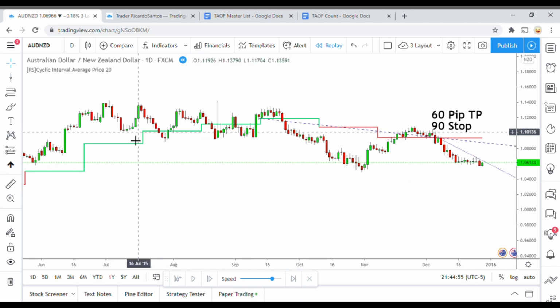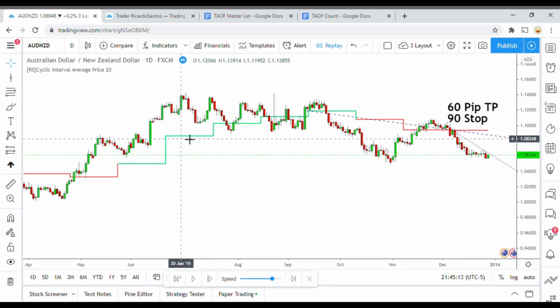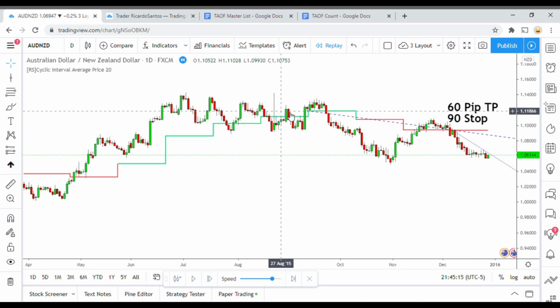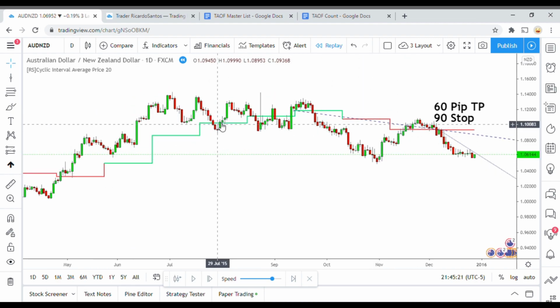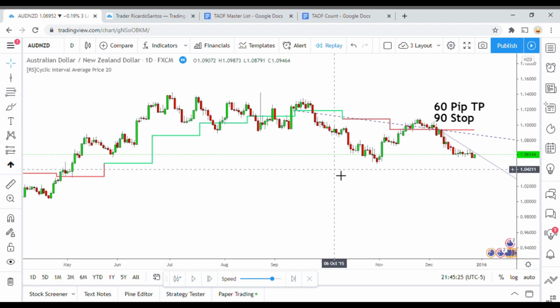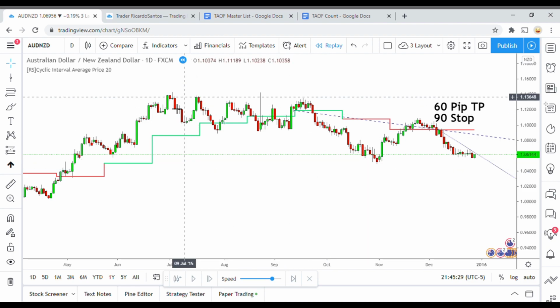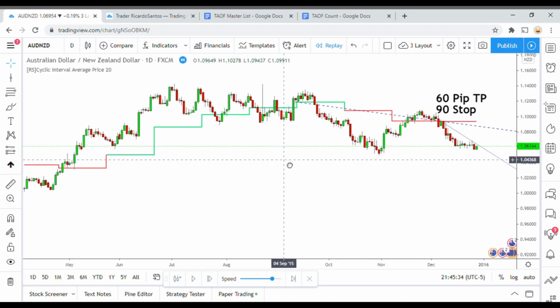Basically, the indicator turns green and turns red. And so basically what we have would be similar to a moving average type setup. And so the first way I'm going to trade this will be with price action break of the line.